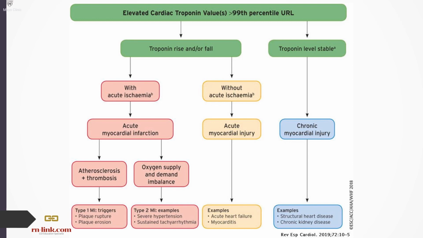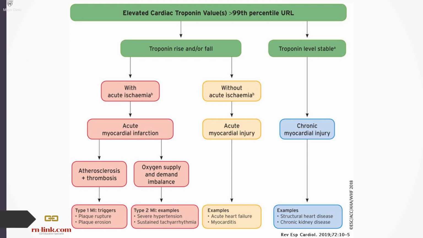If with atherosclerosis and thrombus, then it is type 1 MI. If with oxygen supply and demand imbalance, it is type 2 MI. However, if there is no ischemia, it is only acute myocardial injury, like CHF and myocarditis. If the troponin is elevated but stable, it is chronic myocardial injury, like structural heart disease and CKD.